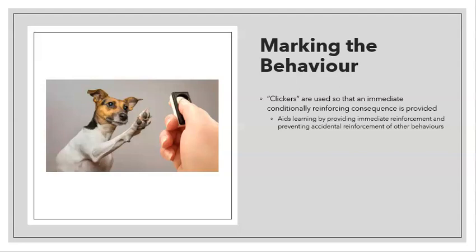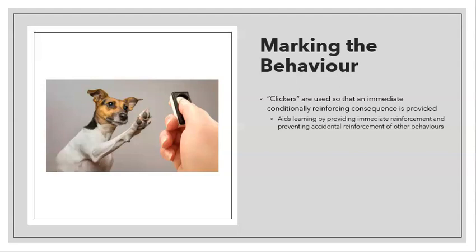Because sometimes your dog will start to sit and you'll want to reinforce that, but then by the time you have the treat out, they're standing again. And you don't want to reinforce them for standing, you wanted to reinforce them for sitting. But there was too much time between them sitting and you getting the treat out.